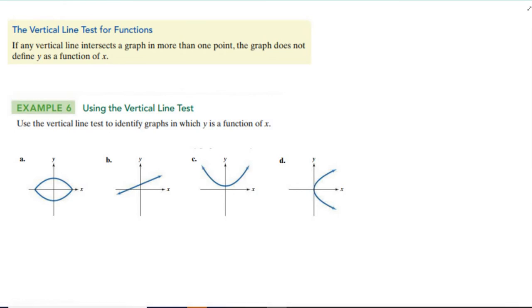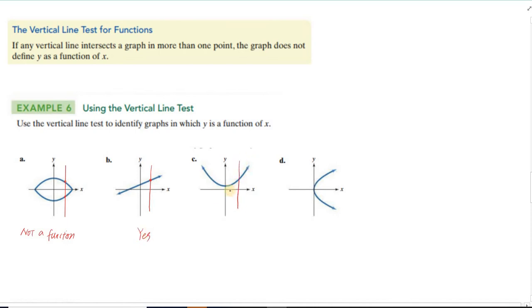This is very straightforward. So I'm just going to use this line. If I do a vertical line test like this, it intersects twice, that means this is not a function. And then here we have another one. This is only 1 time, so we say yes, this is a function.